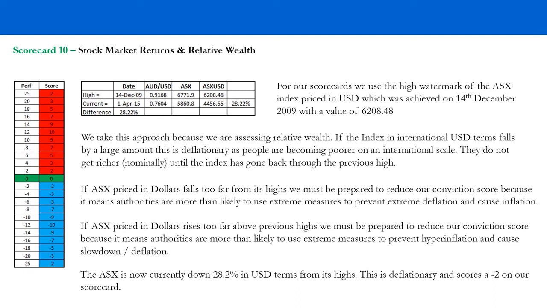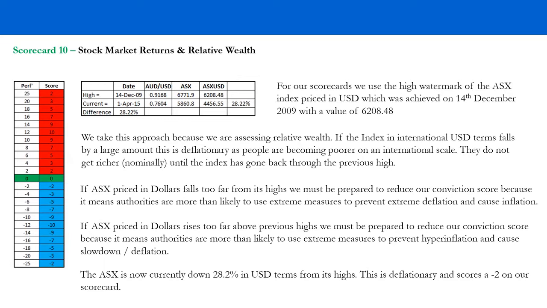It's fairly straightforward and logical. For the scorecards, what we're doing is using a high watermark of the ASX index priced in US dollars. What do we mean by high watermark? Well, we're looking at the high taken on the particular day where it reached that high and analyzing what it's done since.